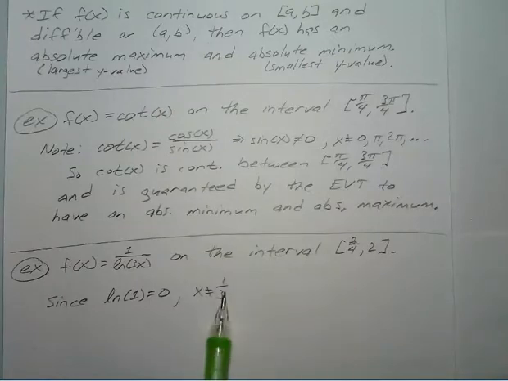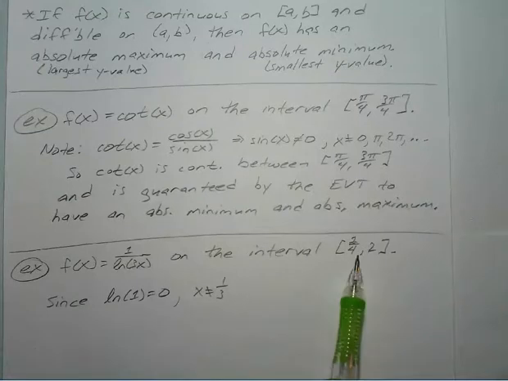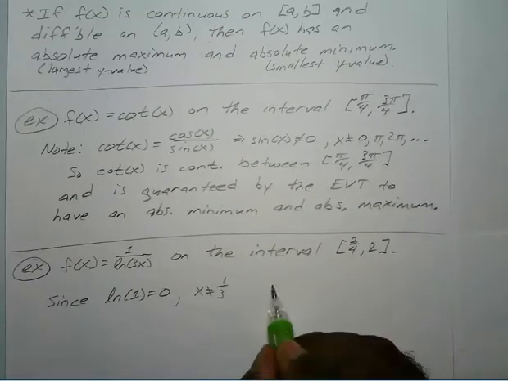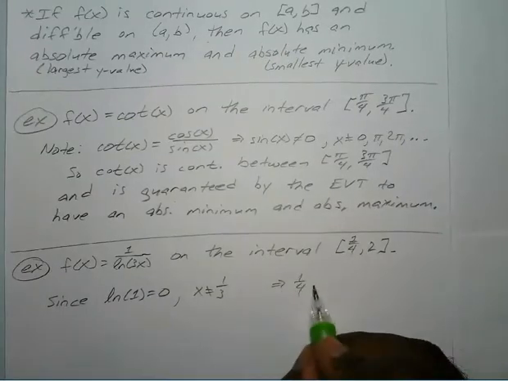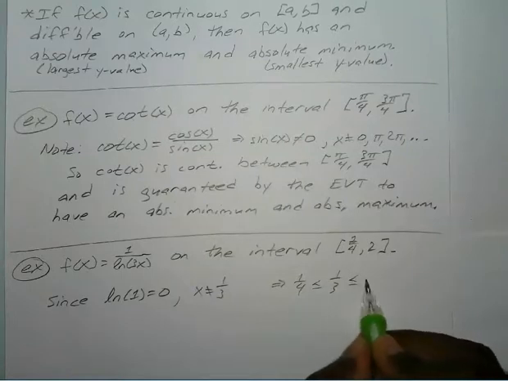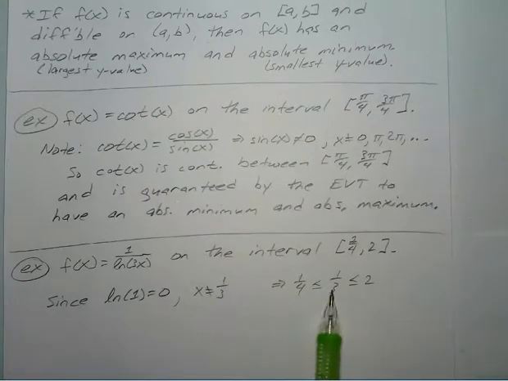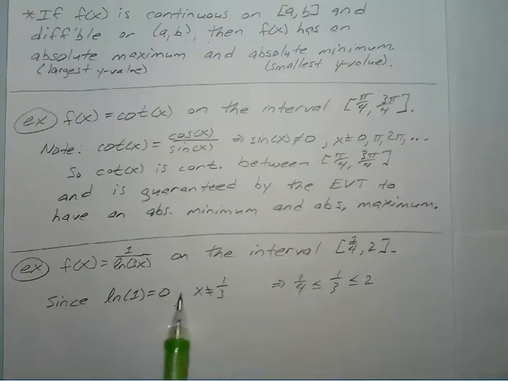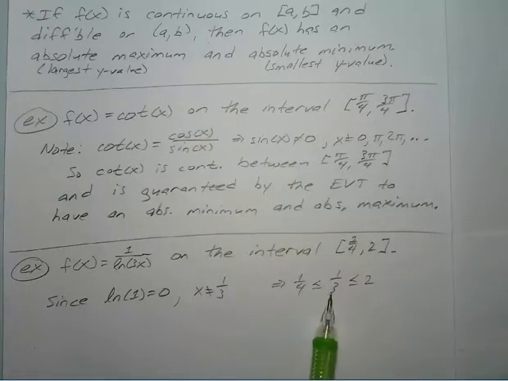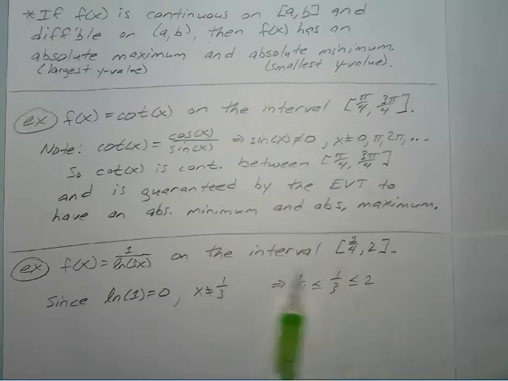Alright, so since x can't equal 1/3, we can see that our interval will be broken up because 1/4 is actually on the left of 1/3 and 2 is on the right. So since 1/3 is between 1/4 and 2, that lets us know it's not continuous. Okay, so that graph is not continuous between 1/4 and 2 because you have that one point where x can't equal a value in between those. Okay, x can equal everything else, but it can't equal 1/3.